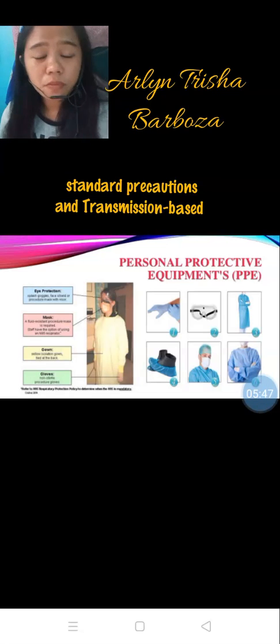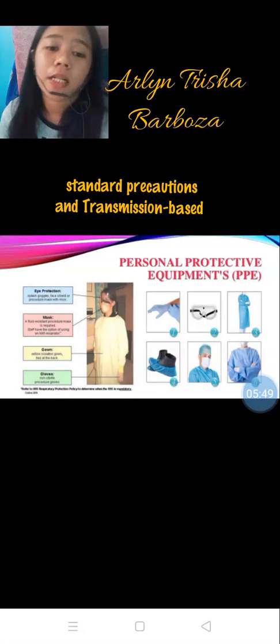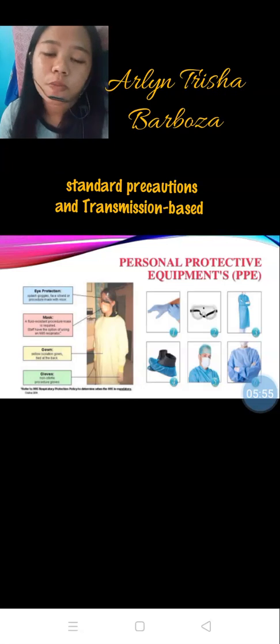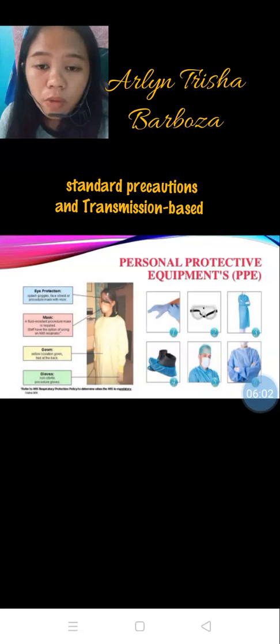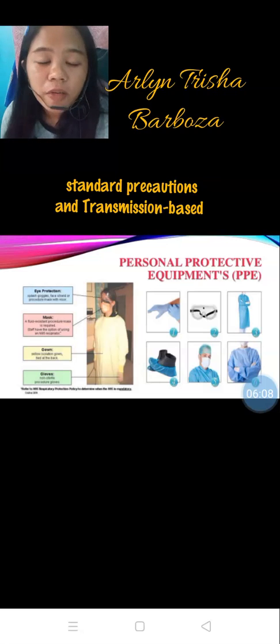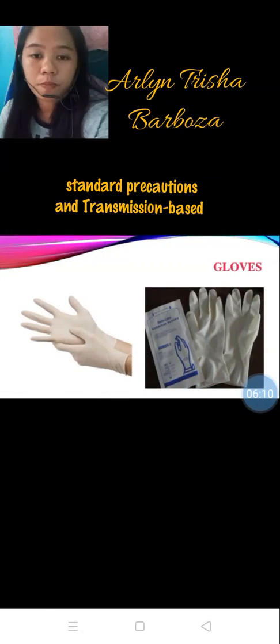The nurses in the hospital now use PPE, or personal protective equipment, to reduce the transmission of the virus from the patient. We have here the eye protection, the mask, the gown, and the gloves. They use them to prevent the transmission.